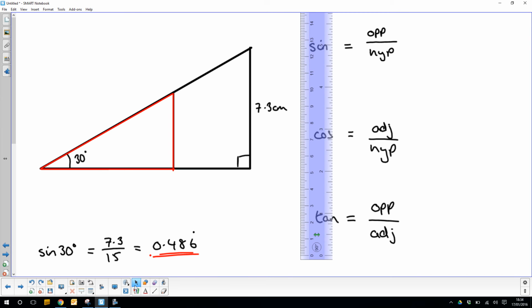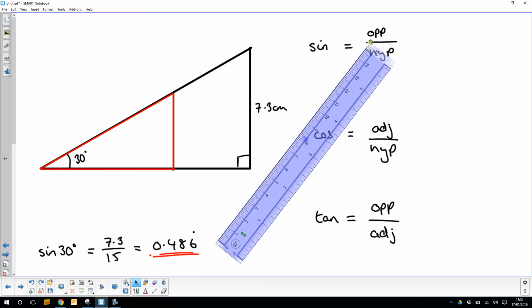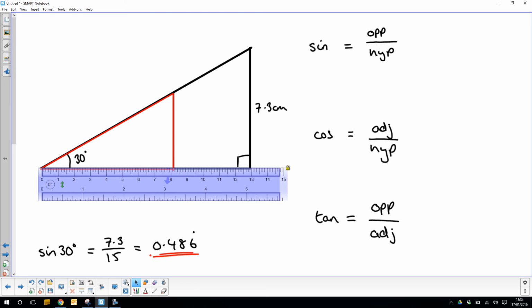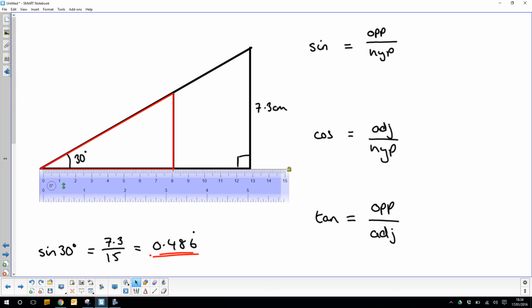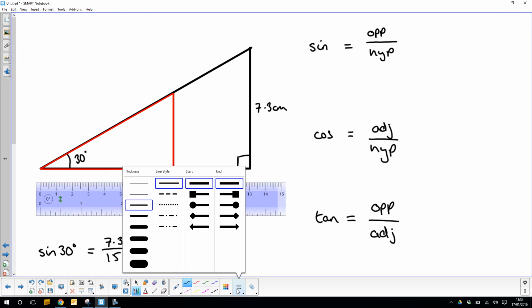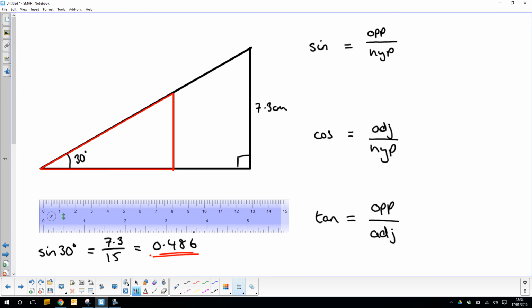So let's rotate and measure the different sides of our new red triangle. Firstly, this base, this adjacent side, looks to me like it's 8.1. So we've got 8.1 centimetres now for our short side. The hypotenuse we can measure.